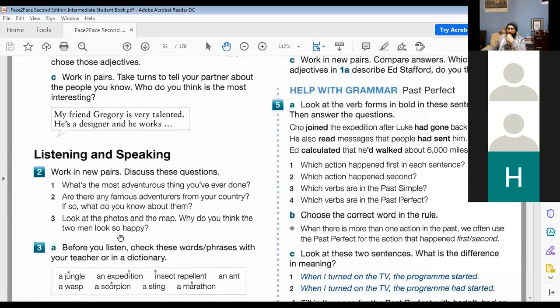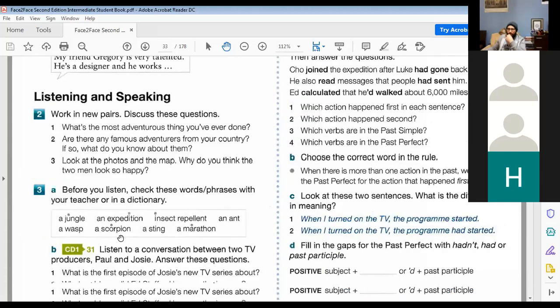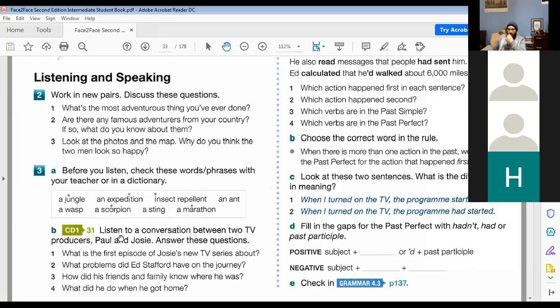So now we're going to listen to two very interesting stories. But before we listen, let's check these words. I think you know them, but let's take a look. A jungle, or a rainforest, it's the same word. An expedition, maybe this one is new.